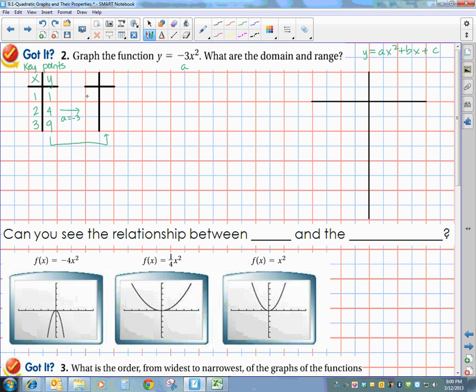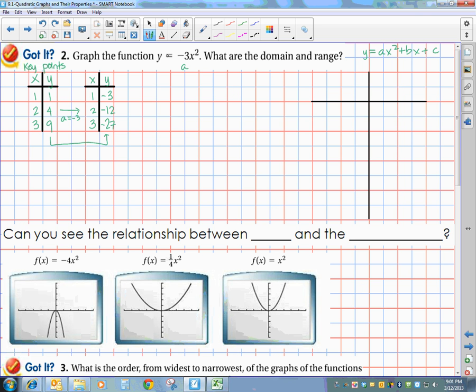So my x values are going to stay 1, 2, 3, and now I need to multiply each of these by -3. So 1 times -3 is -3. 4 times -3 is -12. 9 times -3 is -27.